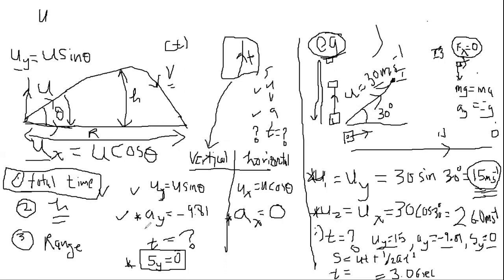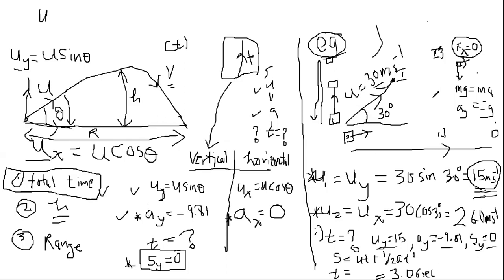Time, yes. But this time is the total time. So the time you're going to use to find the maximum height is half of it. The 3.06 divided by 2 gives you the time taken to reach the top. Good. But can we use V?